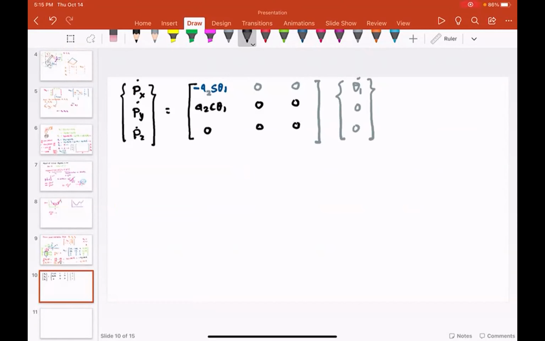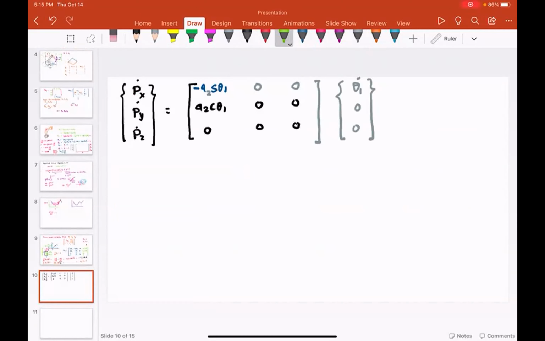So in other words, I don't have to write this as a complete matrix. This is very important. I can just write this as a partial matrix, and eliminate all the zeros and get done with it.